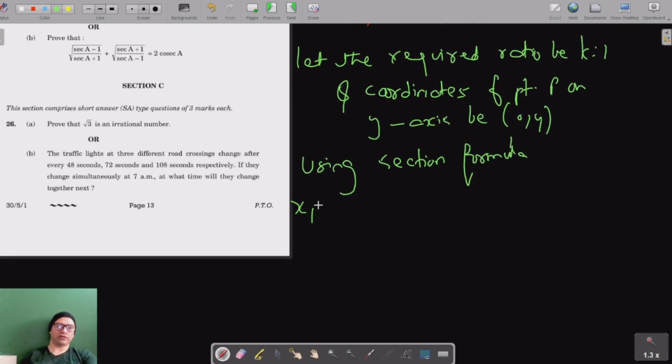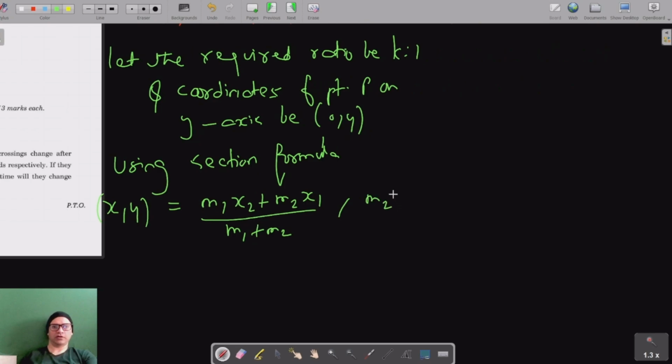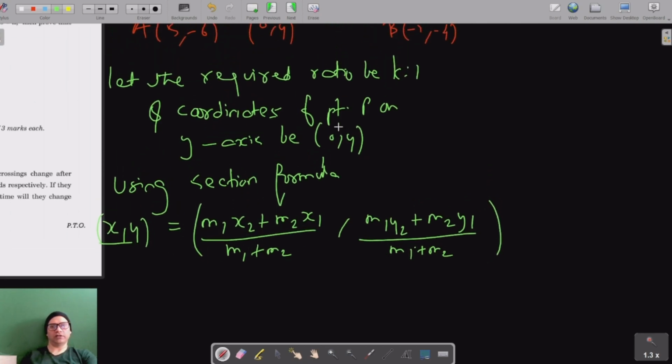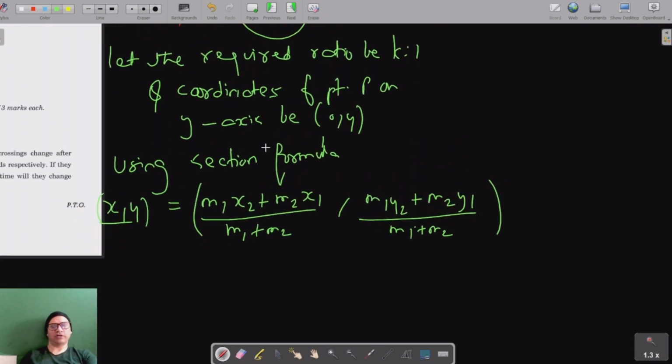So the section formula says that x comma y is equal to m1 into x2 plus m2 into x1 upon m1 plus m2, and m1 into y2 plus m2 into y1 upon m1 plus m2. Now x comma y, the coordinates of the point, are 0, comma y.